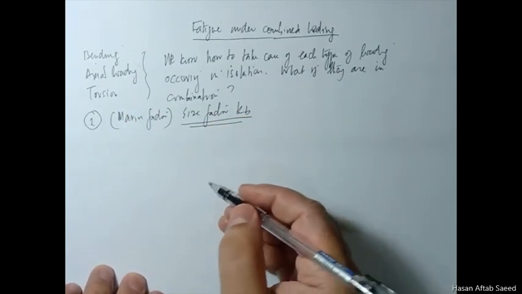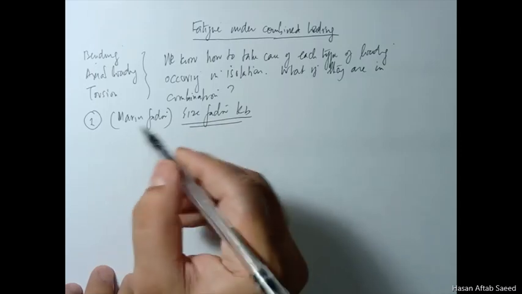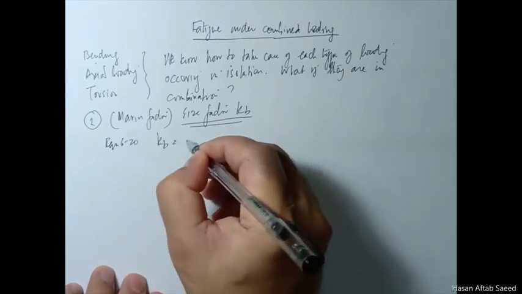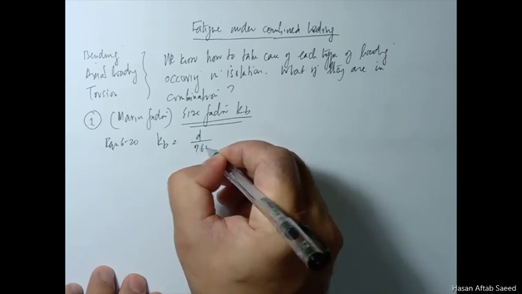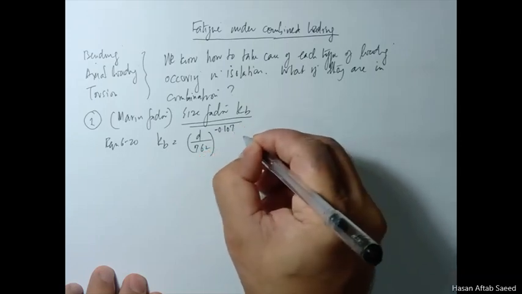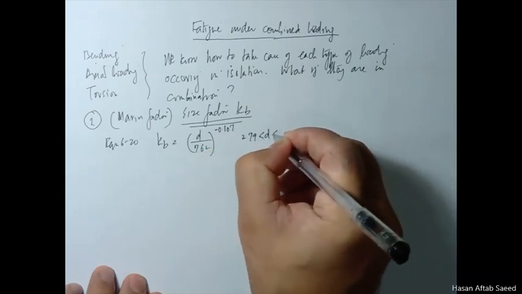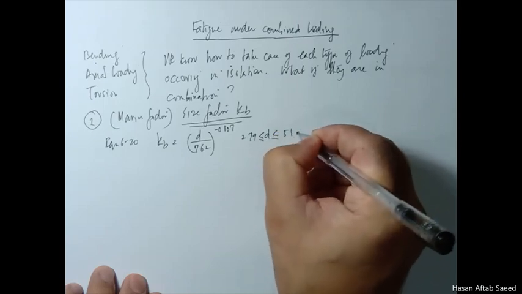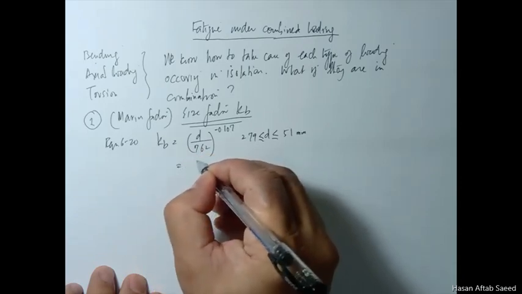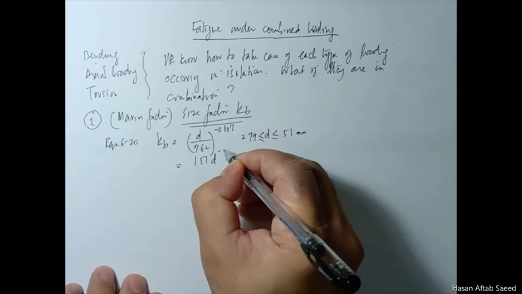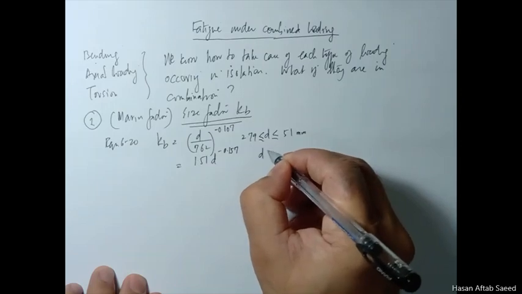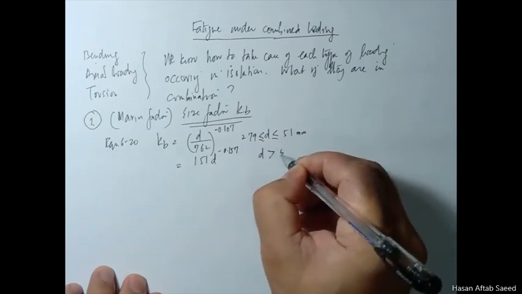If you recall from the previous lessons, according to equation 620, KB is equal to (D over 7.62) to the power minus 0.107 for D between 2.79 and 51 millimeters, and the value for this KB becomes 1.51 D to the power minus 0.157 for D greater than 51 millimeters.